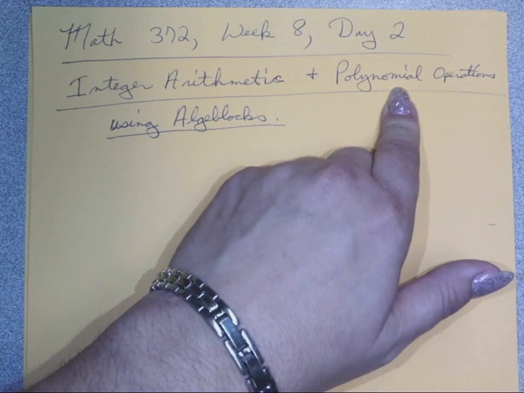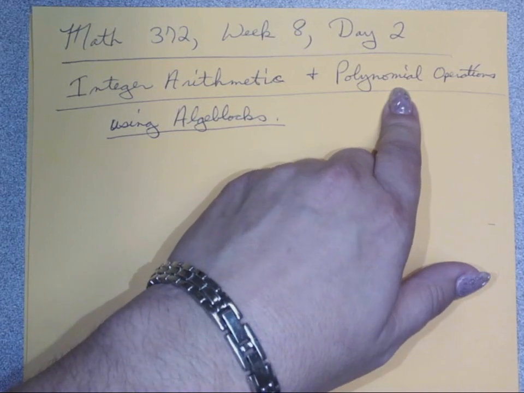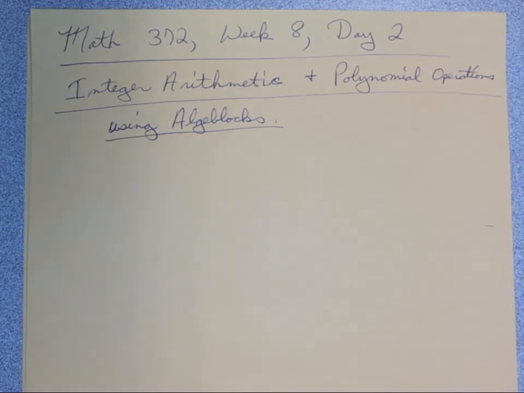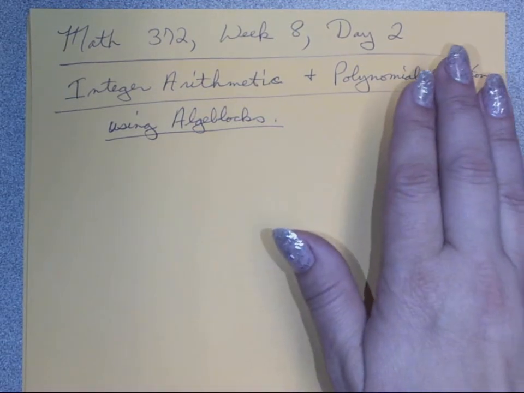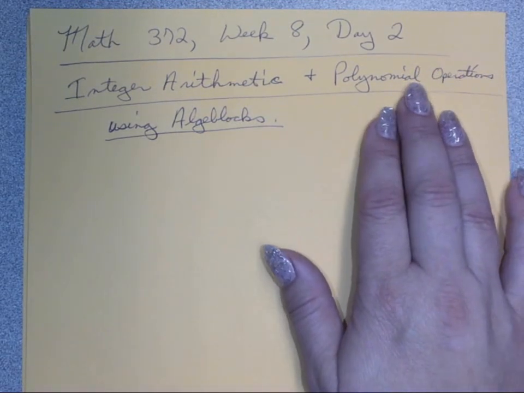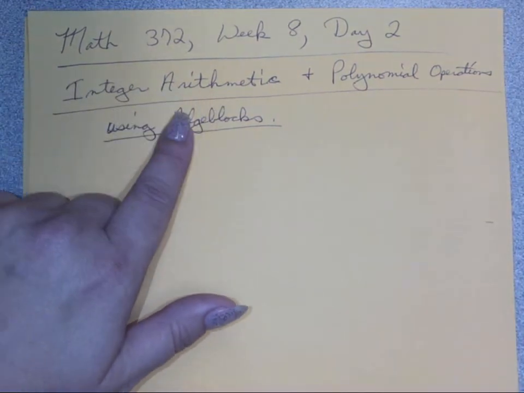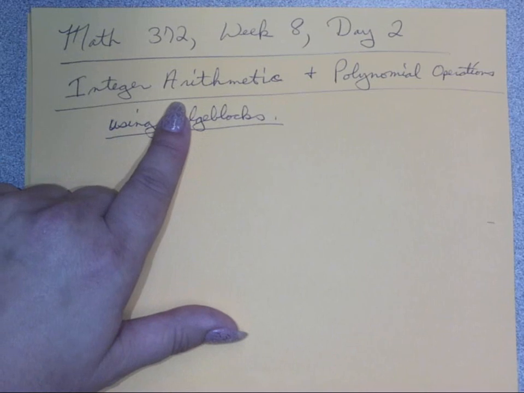So whenever I have x squared plus 5x minus 7, I've got multiple terms in there, and we do operations with those. So normally the polynomial operations are the same as the integer arithmetic. It's just that this only has whole numbers, integers, right?